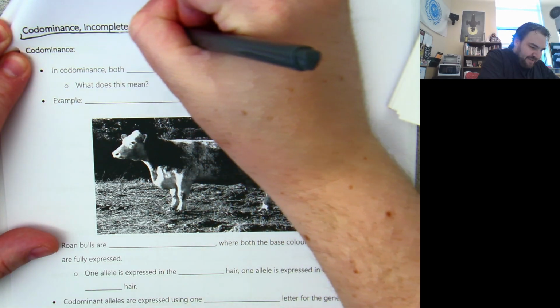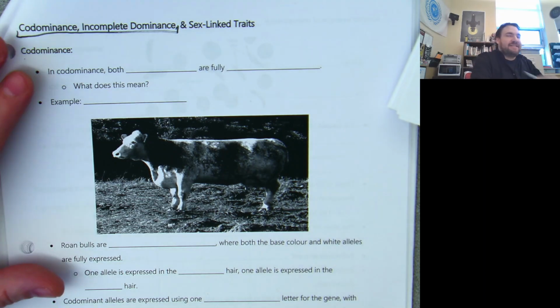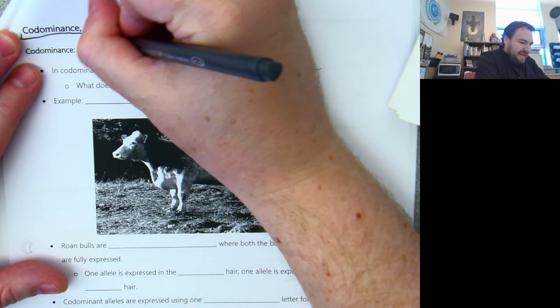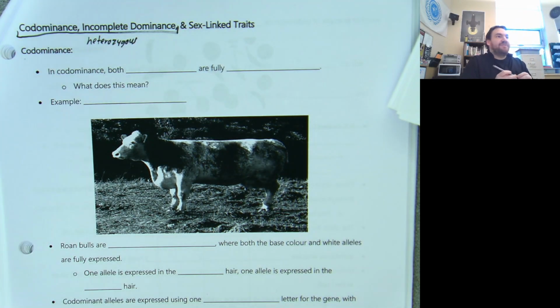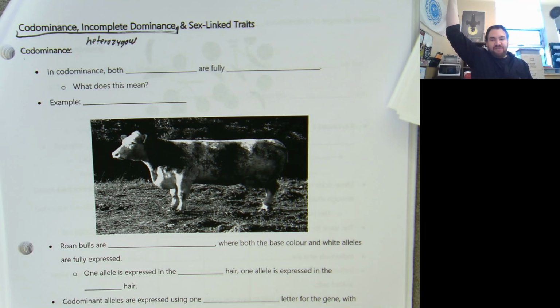Codominance and incomplete dominance. These things tend to happen in heterozygous scenarios. Things start to get interesting. So, sometimes with some traits, in a heterozygous scenario, codominance can occur. Hands up if you've seen The Office. Okay?